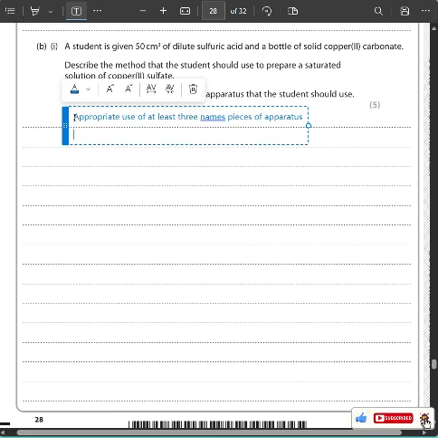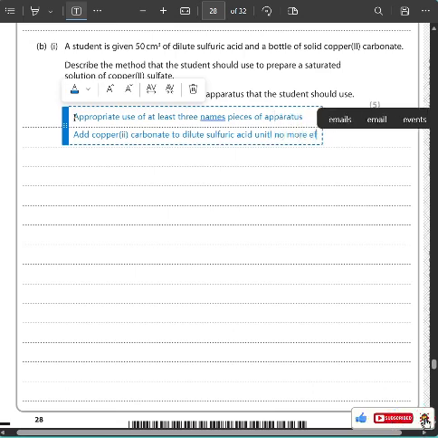And add copper carbonate to dilute sulfuric acid until no more effervescence.